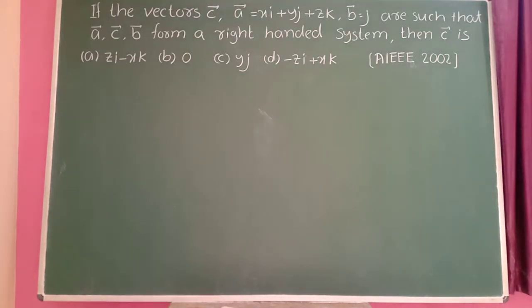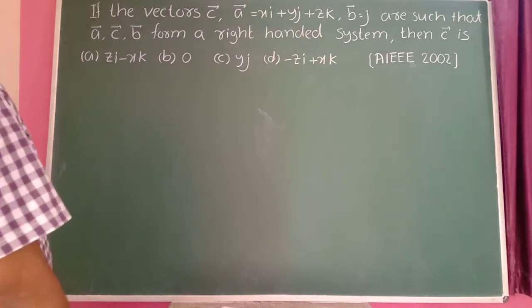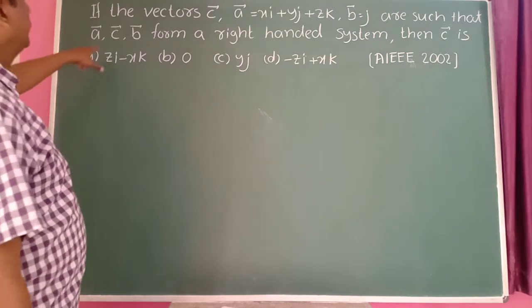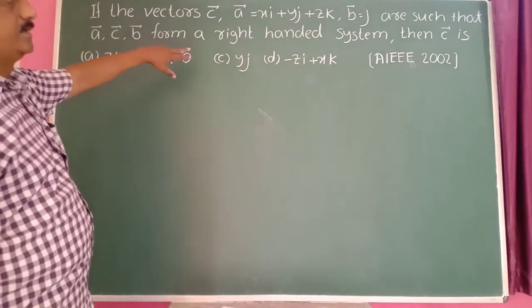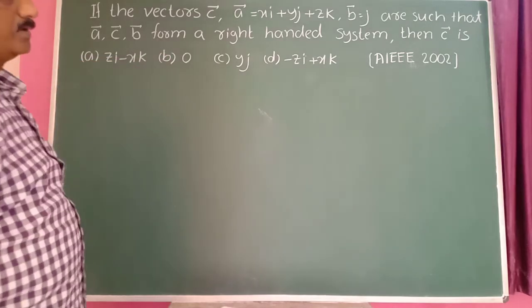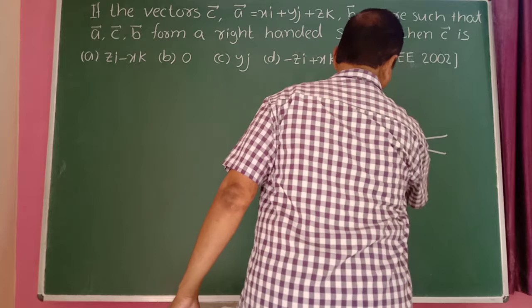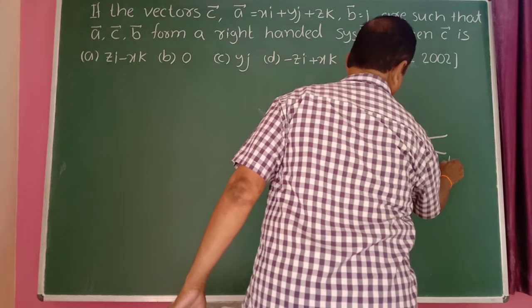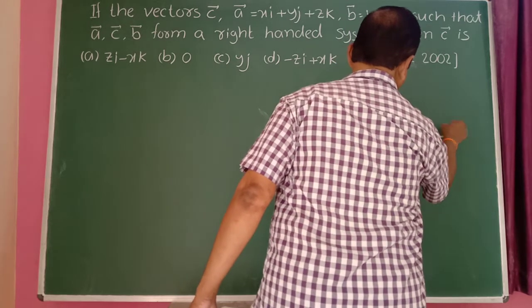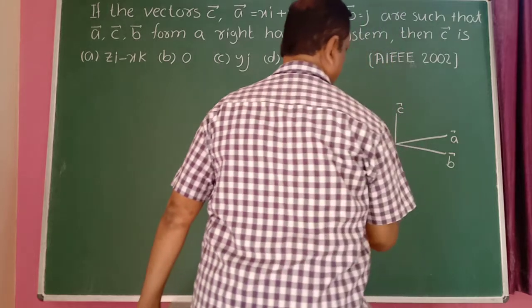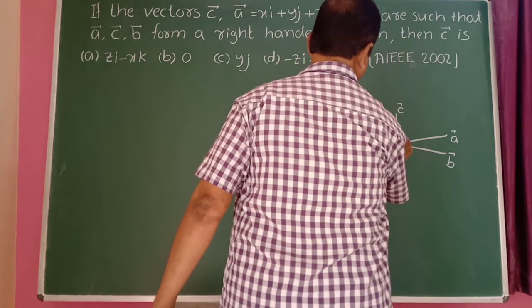So the vectors C bar, A bar and B bar are such that these three vectors form a right-handed system. Then C bar is equal to what here? So this vector B bar, this vector A bar, and this vector C bar here form a right-handed system.